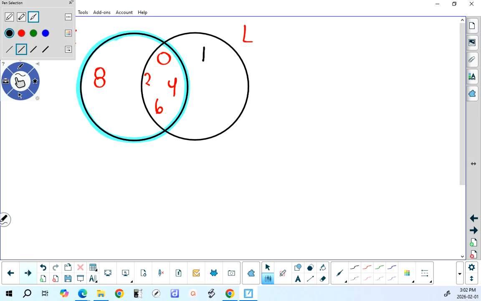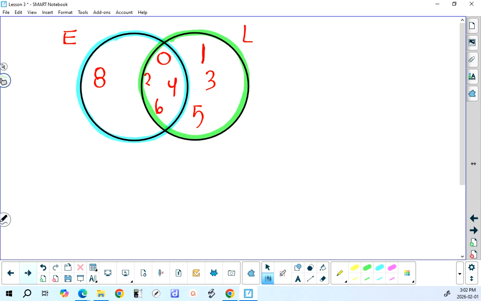I don't have the 1. I don't have the 3. I don't have the 5. Let's see, 0, 1, 2, 3, 4, 5, 6. Now if I focus my attention on set L, it contains all of the elements of set L. They're within that circle. But there's an overlap, and this overlap is the intersection.